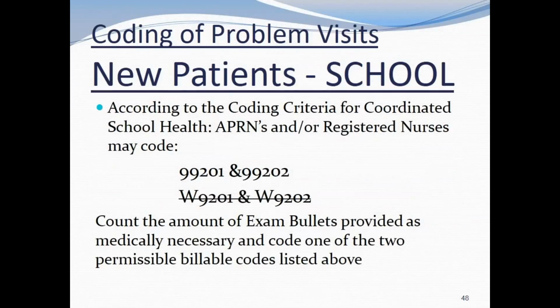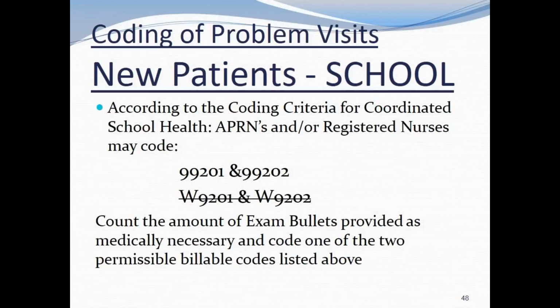Hey, and I remembered to knock out the W on this one, just so you all know. So according to the coding criteria for coordinated school health, APRNs and registered nurses may code a 99201 and 99202, depending on how much exam they're doing in the schools.